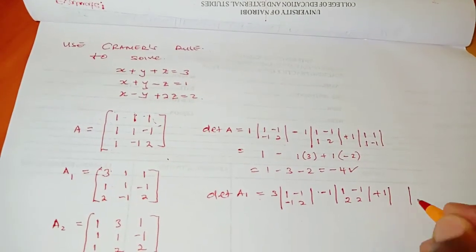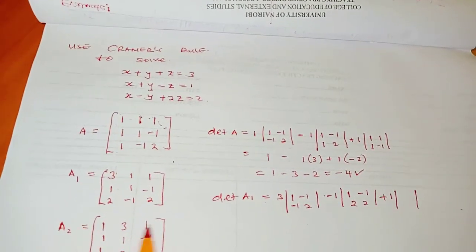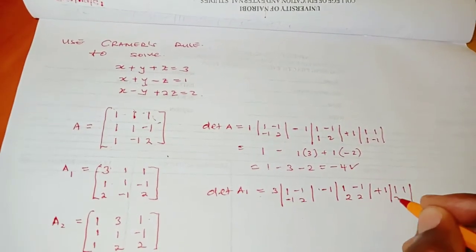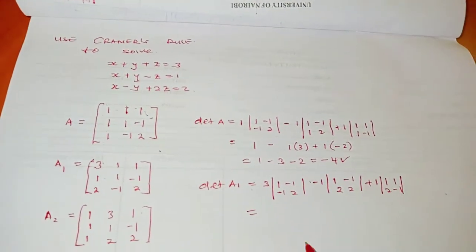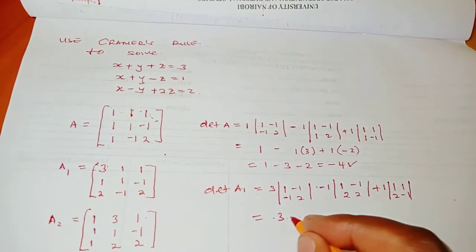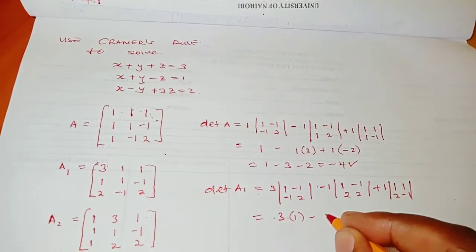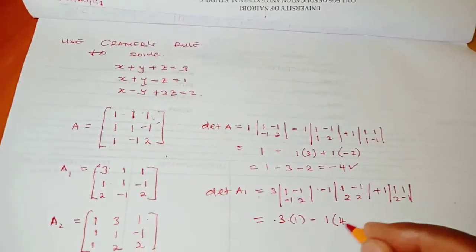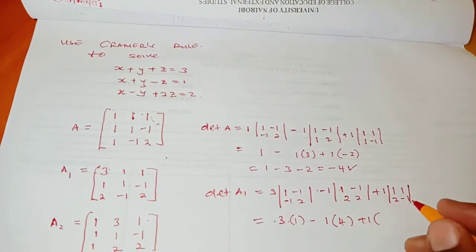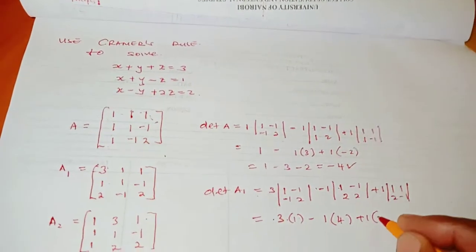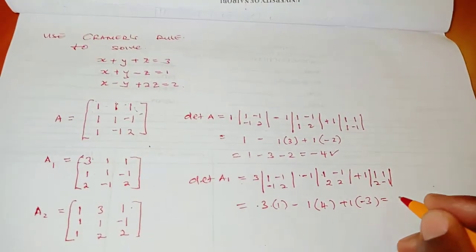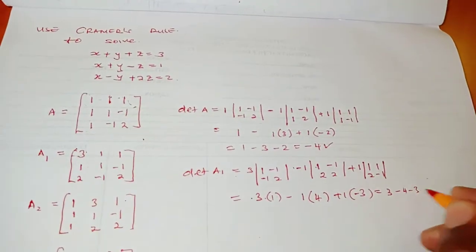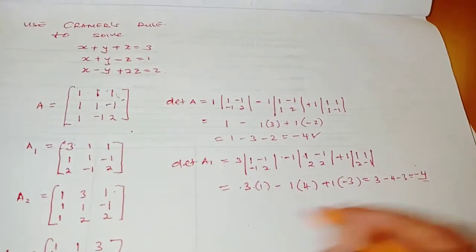Then blocking the first row, third column, we have 1, 1, 2, negative 1. Evaluating the determinants, we have 3 times 1 minus 1 times 4, plus 1 times minus 3, and so this gives me 3 minus 4 minus 3, which is negative 4.